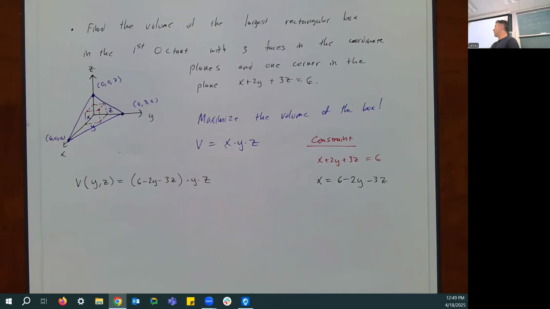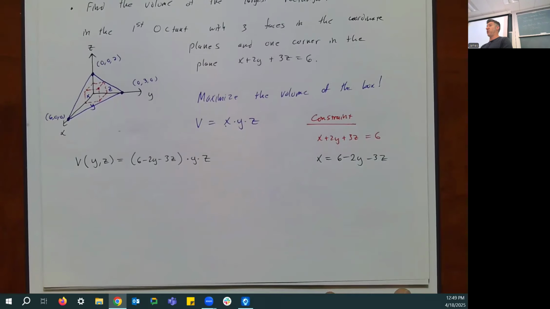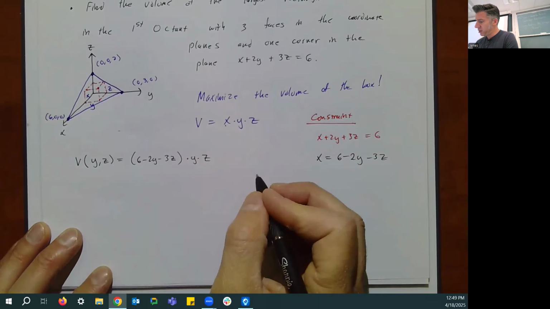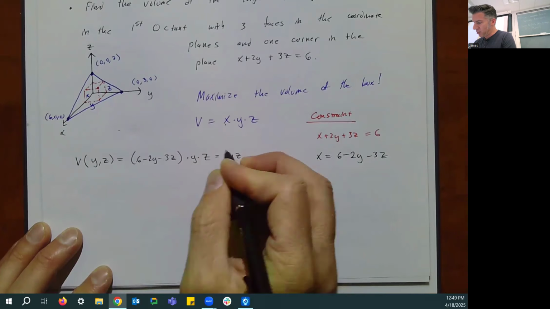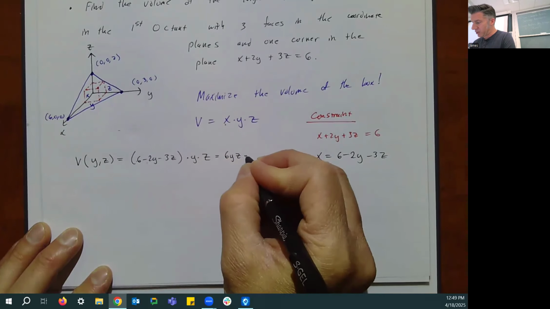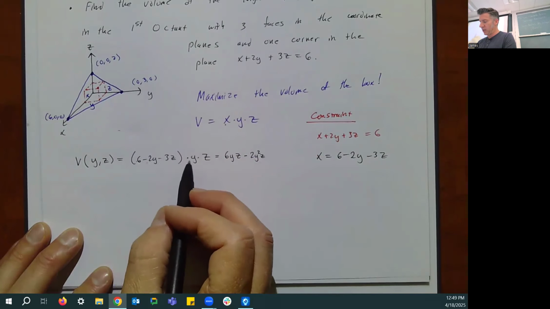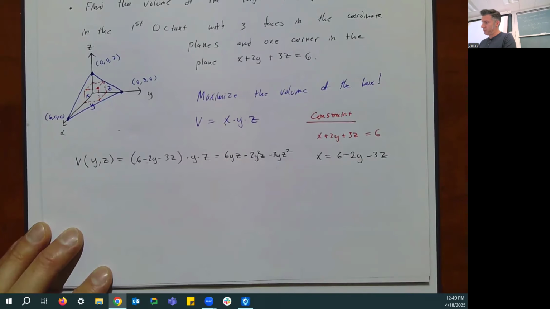And I do think it is definitely in our best interest to multiply this out before we start trying to find any critical points by taking partial derivatives. So if we multiply this out, I'm going to have 6 times yz minus 2y times yz, so that's going to be minus 2y squared times z. And then minus 3z times yz is going to be minus 3yz squared.